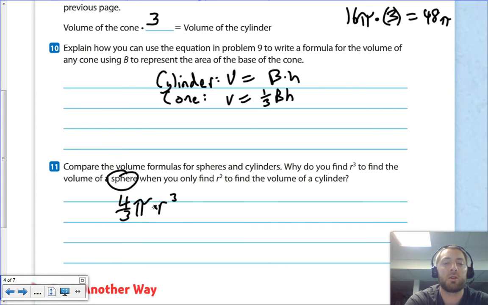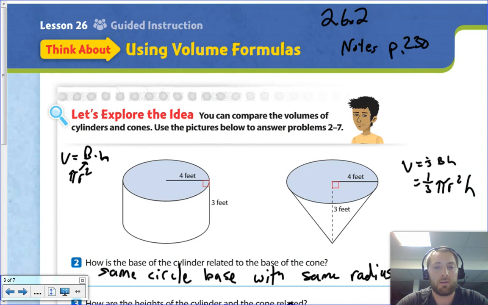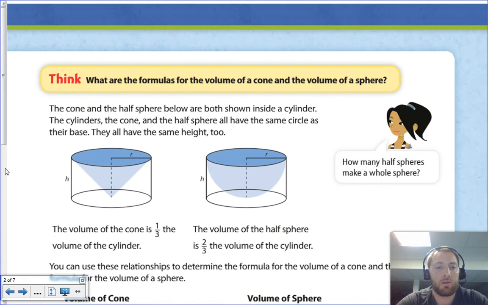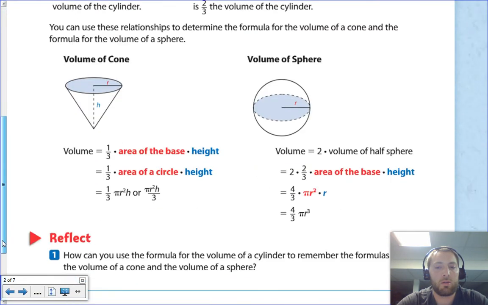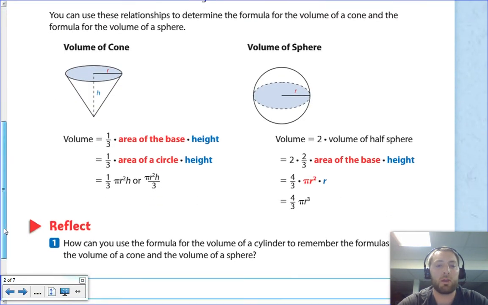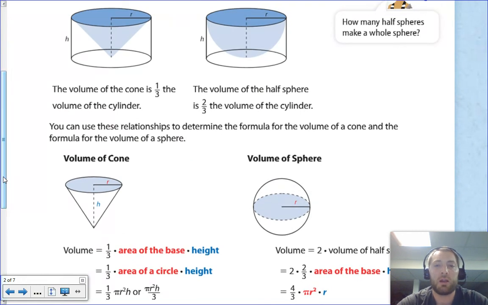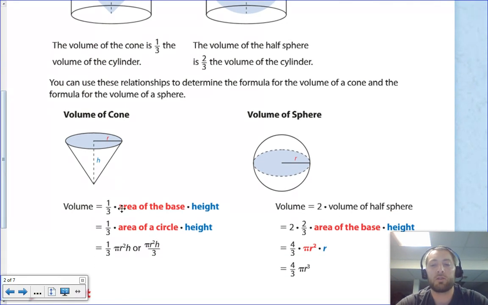And I think it's drawn out best in our last lesson, on page 229, where you're trying to explain that it's actually 2/3, that half of a sphere is 2/3 of a cylinder, and then if you double it, it becomes 4/3, and that r squared becomes cubed because the height is actually the radius as well.